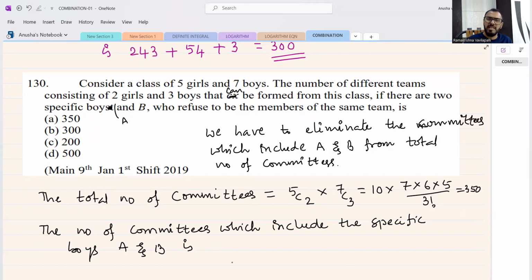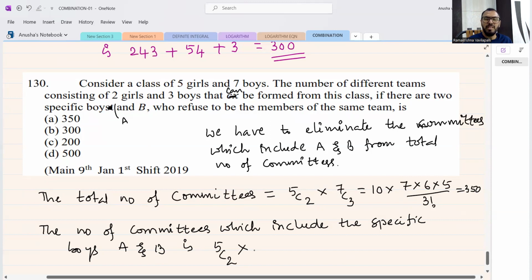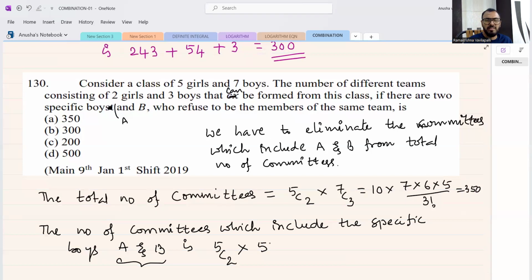So select the girls as usual. 2 girls can be selected from 5 girls in 5C2 ways, into, see, already we have taken 2 boys A and B, and we have to select one more boy from the remaining 5 boys. So that is 5C1. This is 10 into 5 equal to 50.